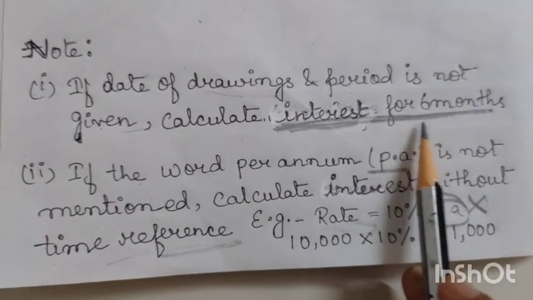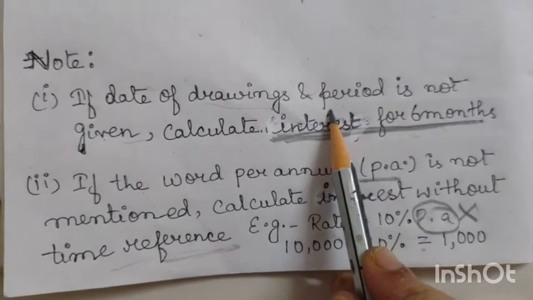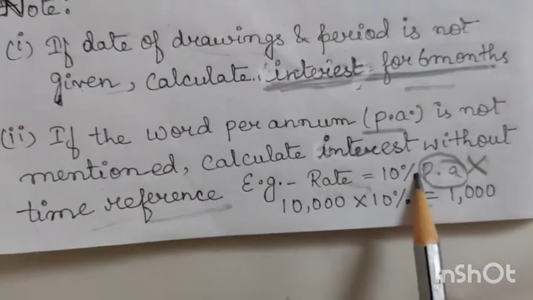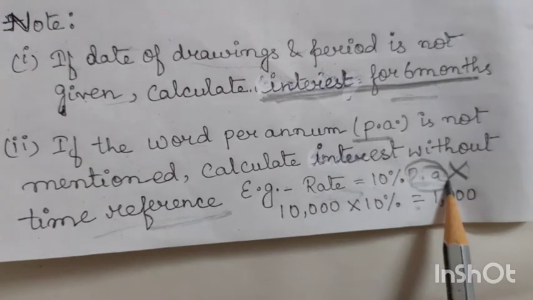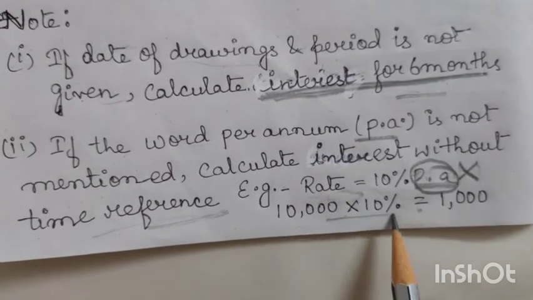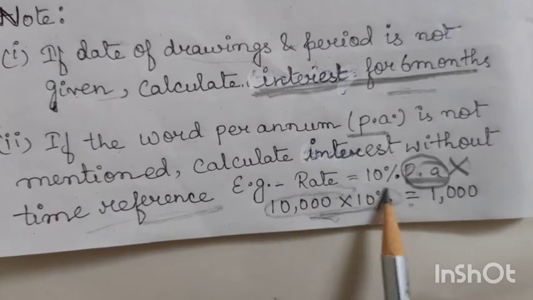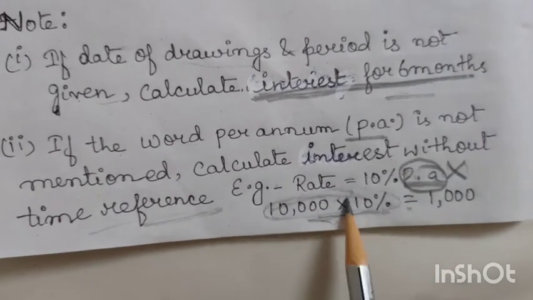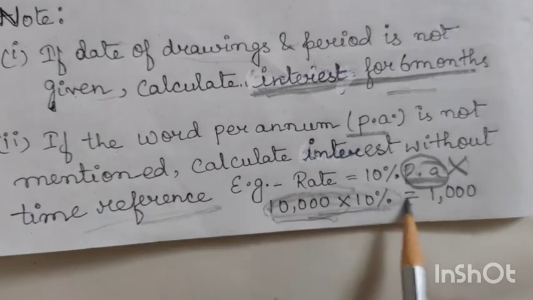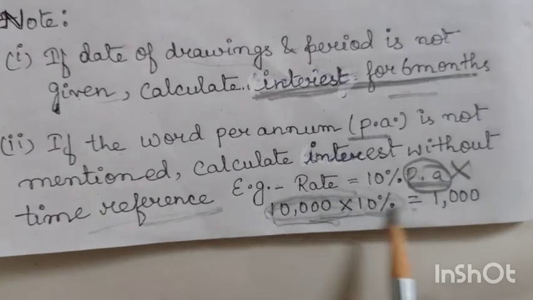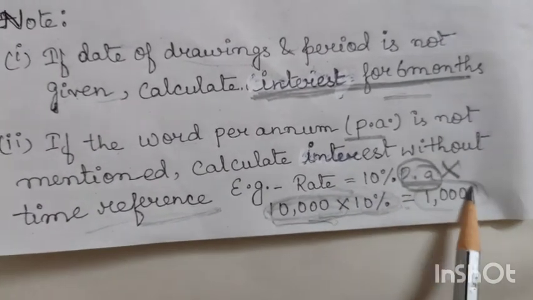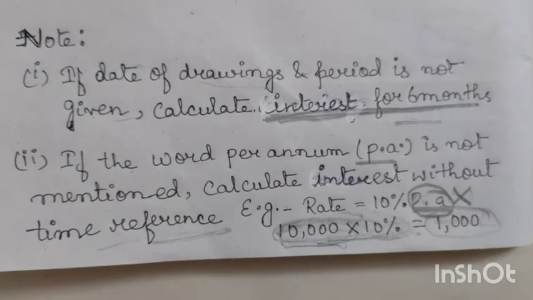If the date is not given, you calculate for 6 months. But if the words per annum are not mentioned, then you can directly calculate on the rate basis. For example, you have to calculate 10% on 10,000. That means directly 10,000 into 10% will give you 1,000. No period is to be considered. Okay.